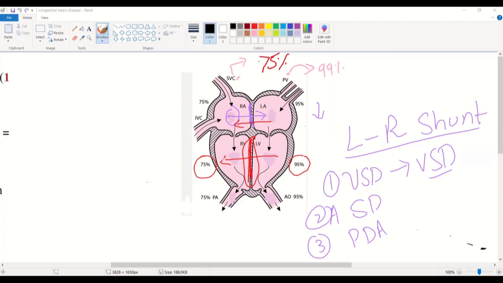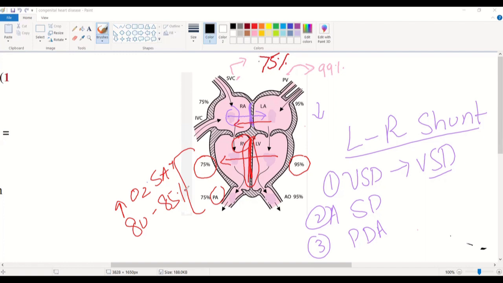Okay, so the oxygen saturation in the right ventricle is increased, and in the pulmonary artery as well, right? So it increases to more than 75%, maybe 80, maybe 85 percent. Does it make some sense to you?